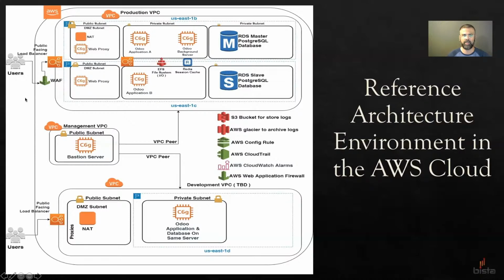There you have this firewall right here, which AWS provides, which takes care of a lot of security and vulnerabilities. So using these tools, you're able to implement HIPAA. This is just a reference architecture. If you have more questions, reach out to us.